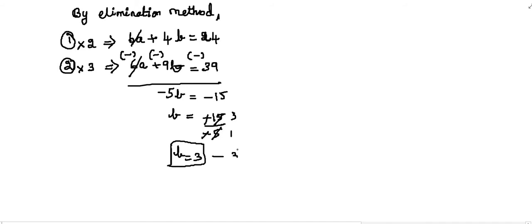I am going to take this as third equation, substitute 3 in either 1 or 2. Any equation we can substitute. Suppose if I substitute in 1, what is the first equation? 3a plus 2b is equal to 12.